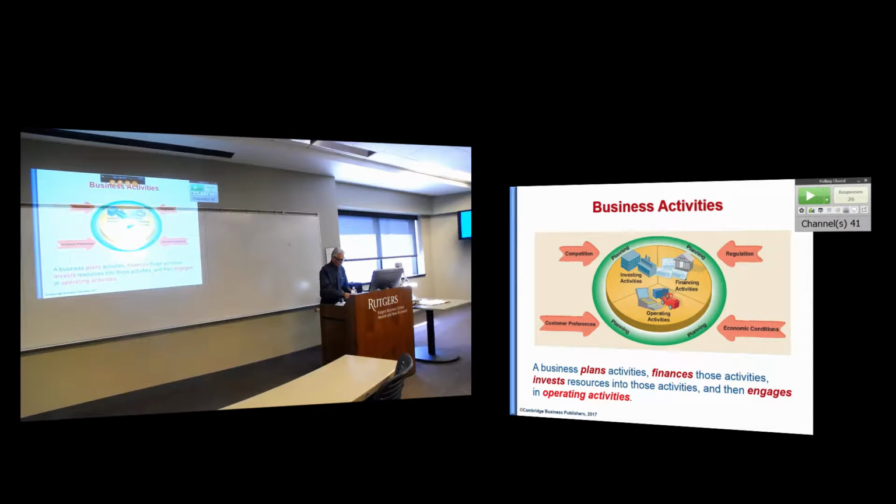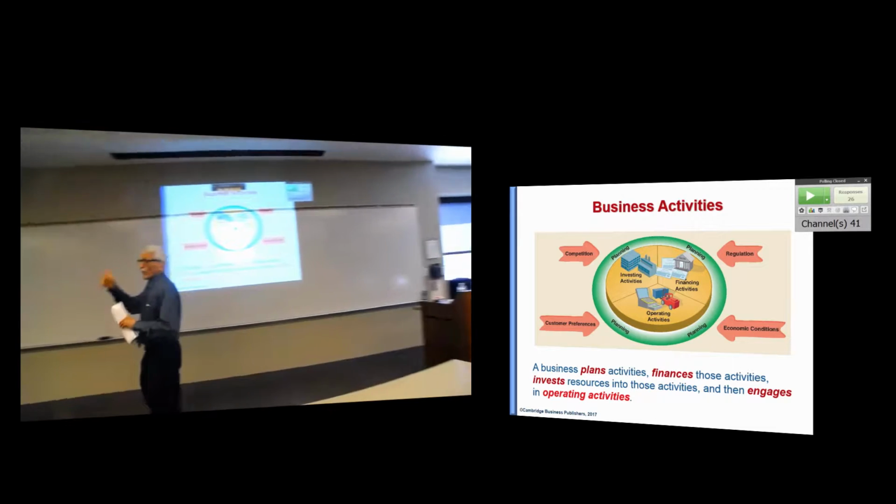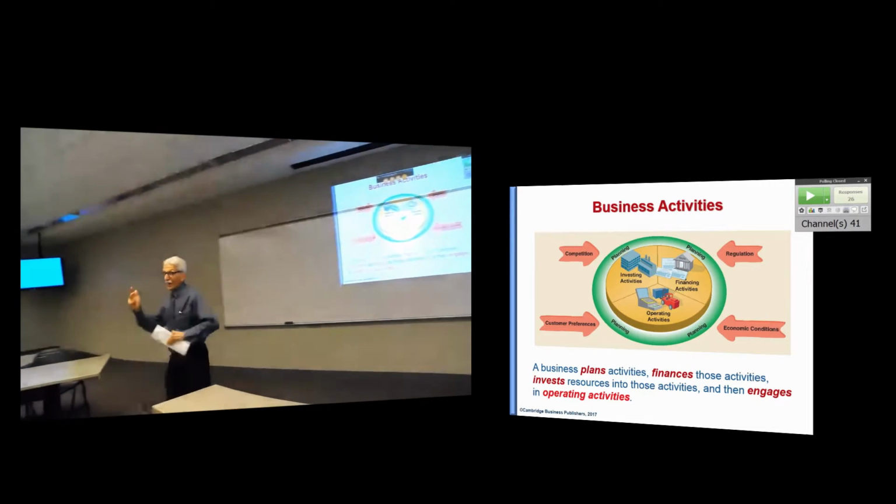And those steps, the strategic plan to execute it, is going to involve achieving goals, and those goals will involve operations, investing, and financing activities. And everything we do in financial accounting will revolve around those three cycles or activities: operating, investing, and financing.